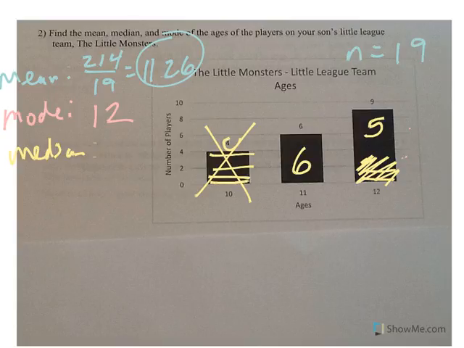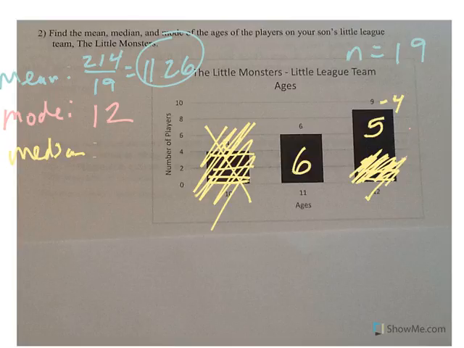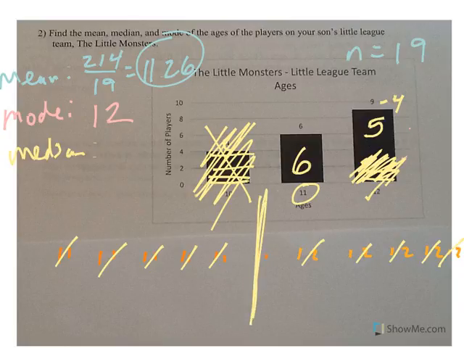I took away 4 people here, I took away 4 people here. 9 minus 4 gives me 5 left. So I now have 6 kids who are 11, 5 kids who are 12. And if you cross out 1, 2, 3, 4, 5, 1, 2, 3, 4, 5, this kid is the one in the middle. The median is 11.